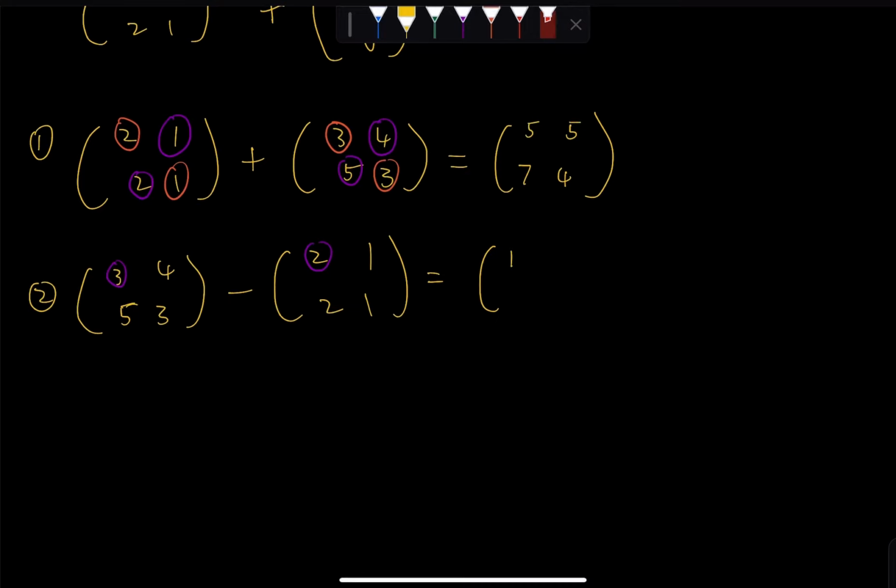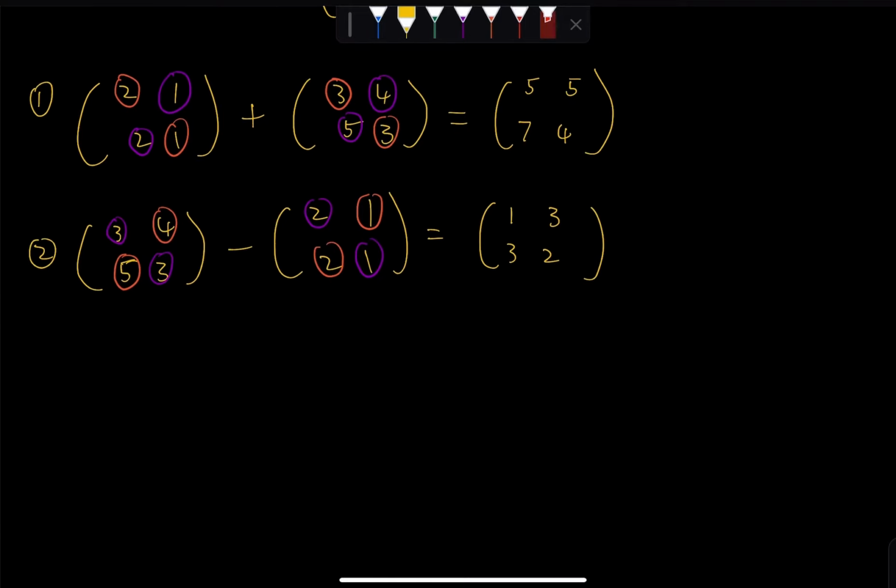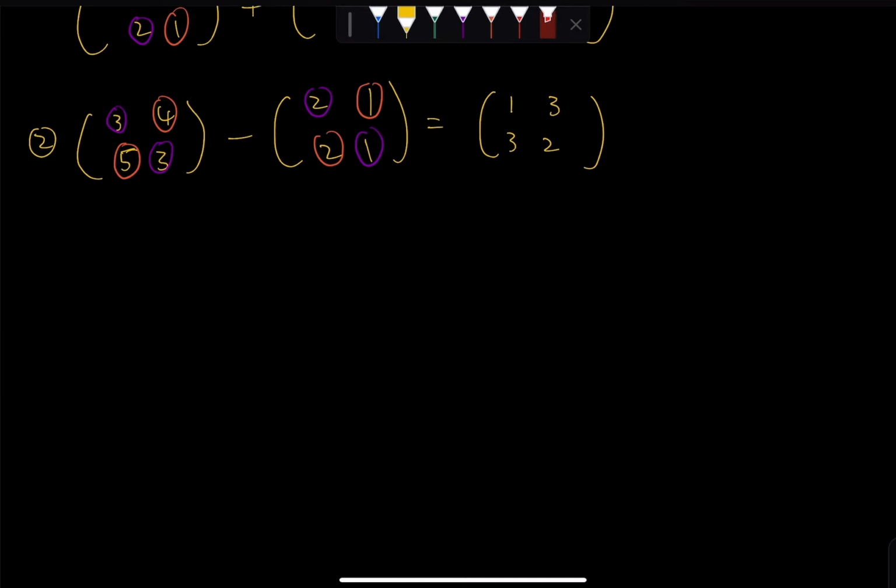And then there's the second one minus the second one, that's 4 minus 1, that's 3. And then it's the third one minus the third one, that's 5 minus 2, that's 3. And the last one minus the last one, that's 3 minus 1, that's 2. And that's basically how you do it. So that's adding and subtracting done.